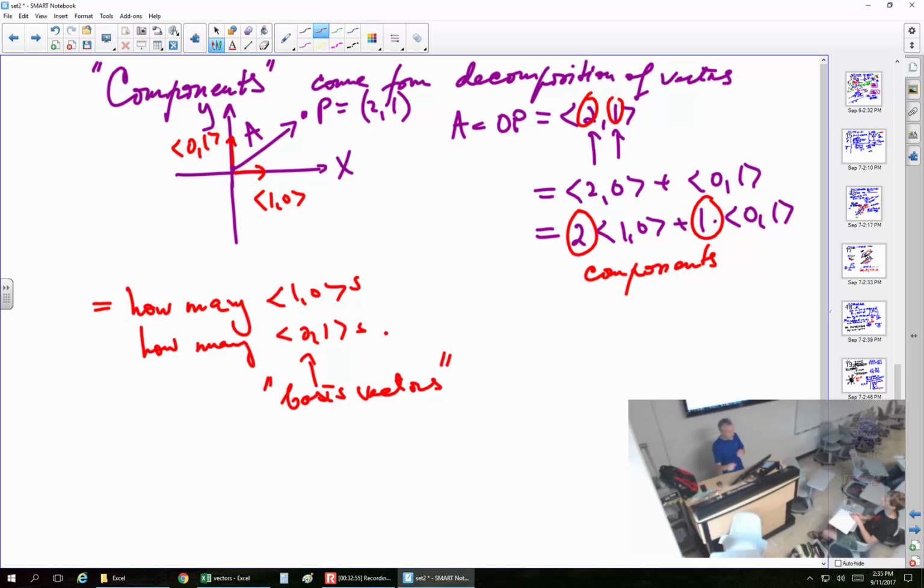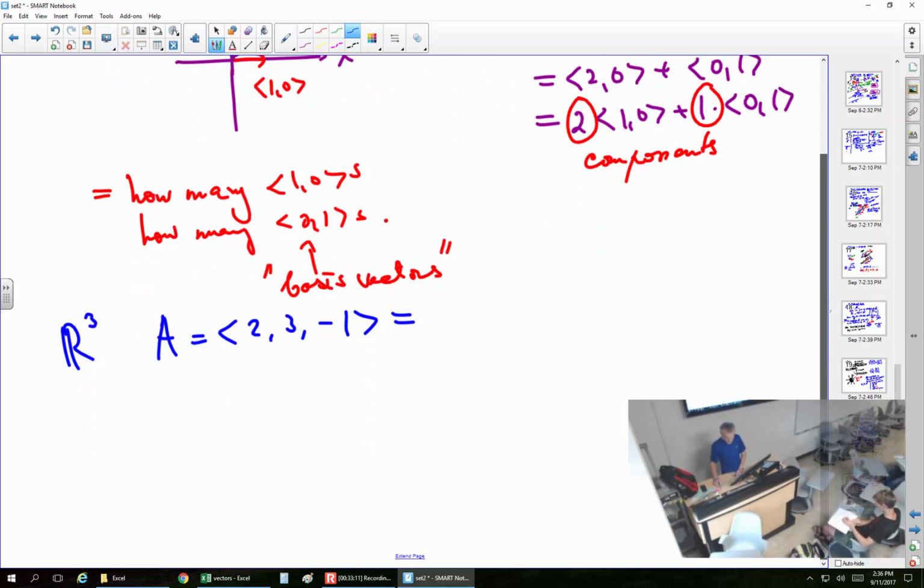Well, let me just do one more in dimension 3. If I have a vector A with components, say, 2, 3, negative 1, then I decompose it into, well, let me just introduce those vectors i, j, and k.